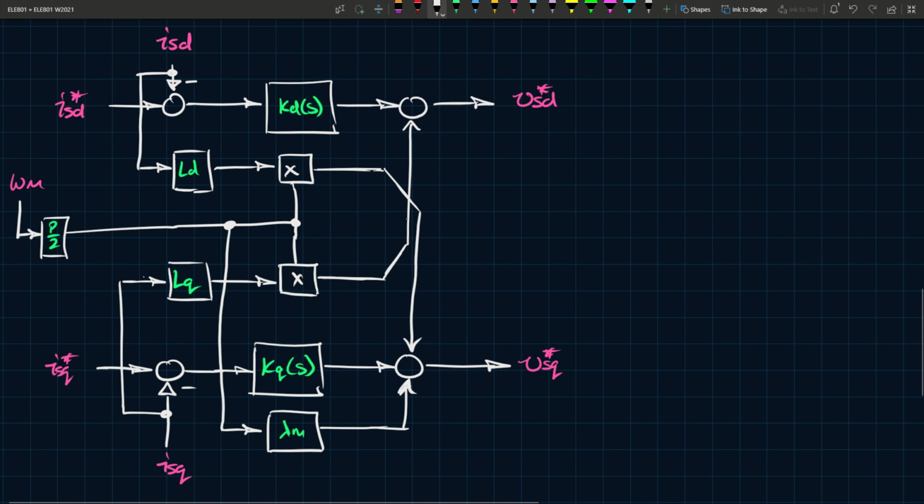So we have here, you say that the output of this compensator is VSD plus some quantity right here. If this quantity didn't exist, let's suppose we get rid of this feed forwards, the output of this compensator is VSD. But now we've added ISQ times LQ times omega R, and we've added that to VSD.